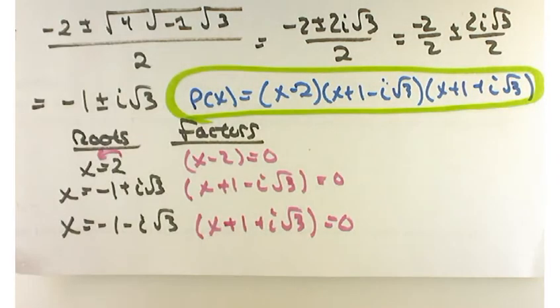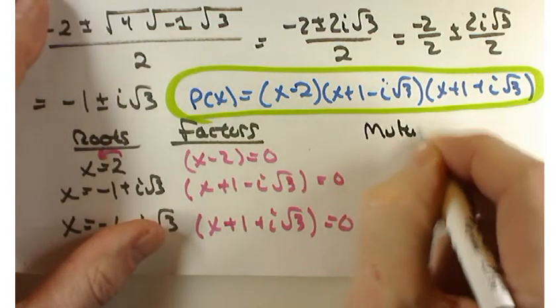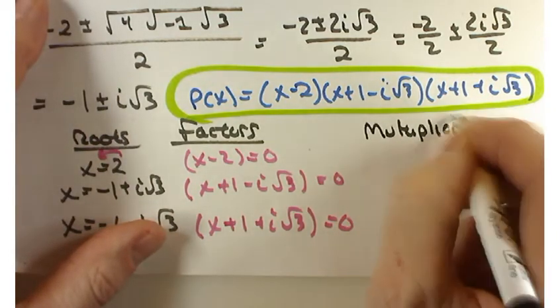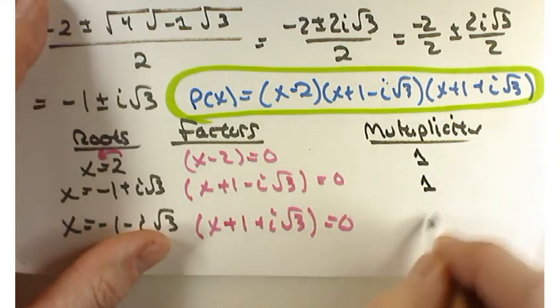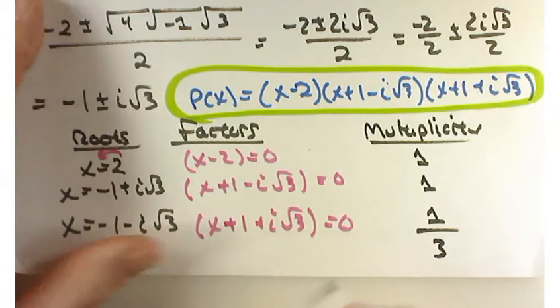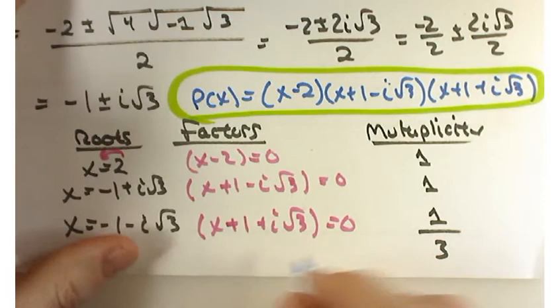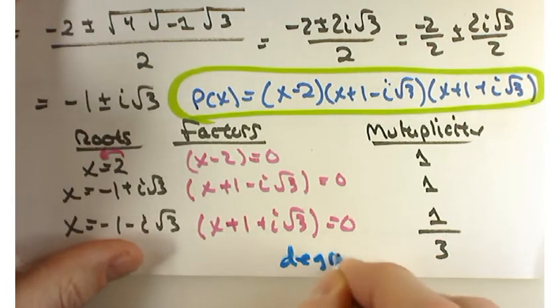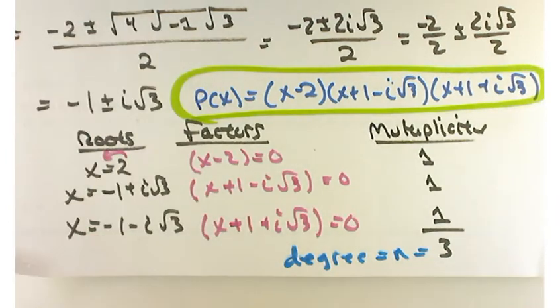And that's what you're looking for. As a bonus, let's note that the multiplicity here is 1 for all of these, but that again matches the degree. The degree of the polynomial is 3. Nice.